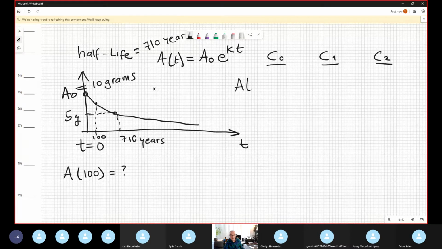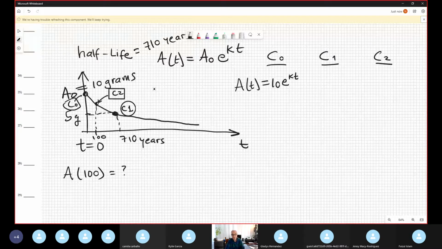The amount of substance at any time is 10 e to the K. Condition 1 is given first, but it does not necessarily happen first in sequential time.